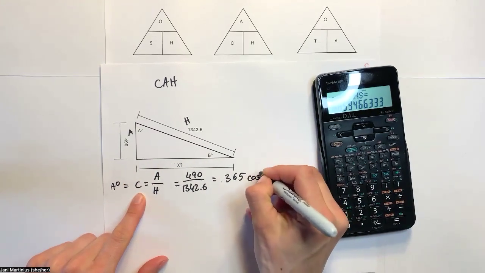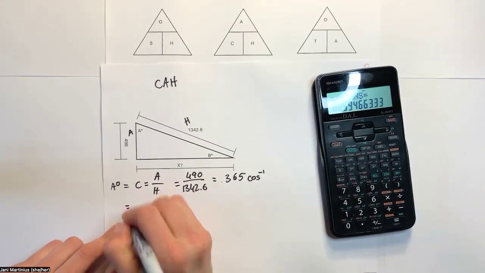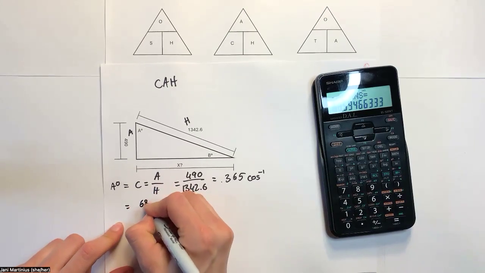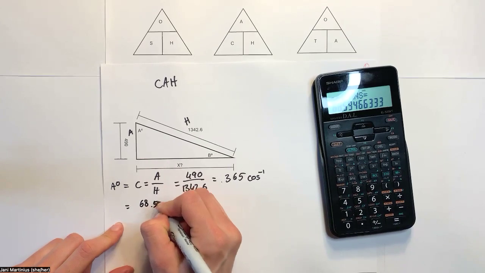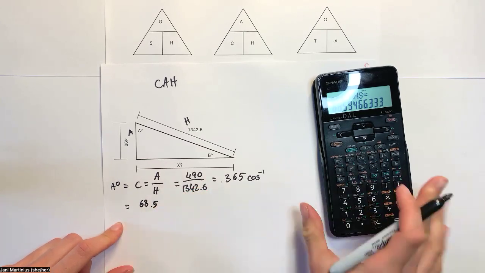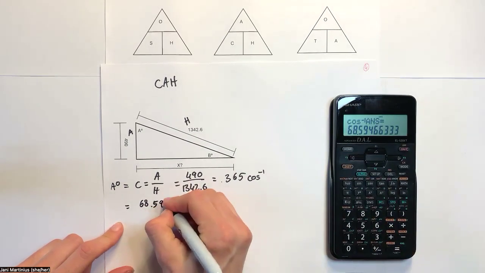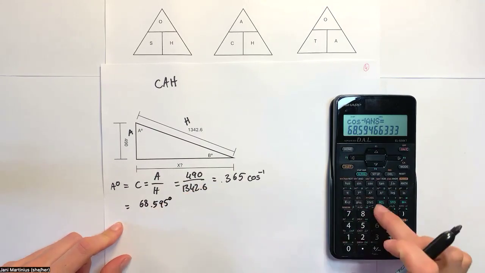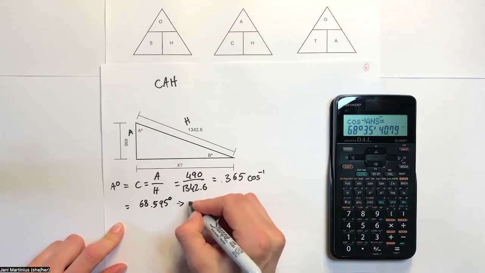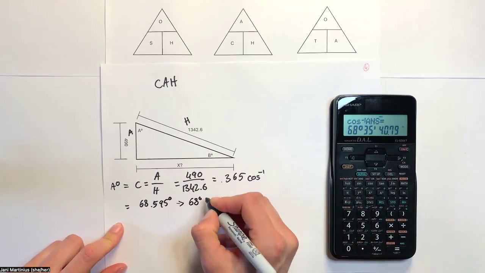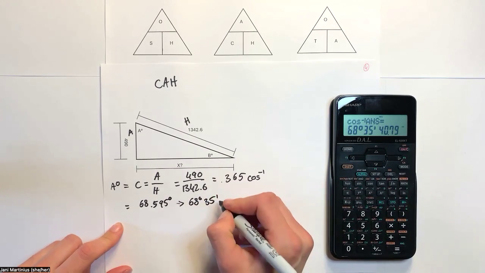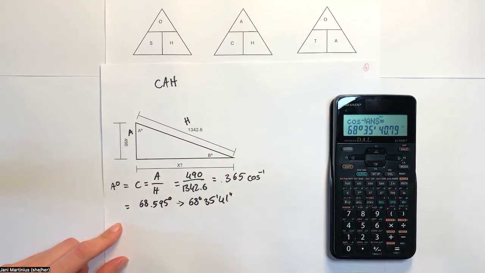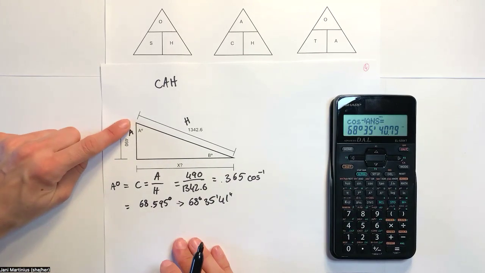So cos inverse gets us 68.595 degrees. Second function, DMS button, gets us to 68 degrees, 35 minutes, and let's call it 41 seconds. Cool. So that gives us angle A.